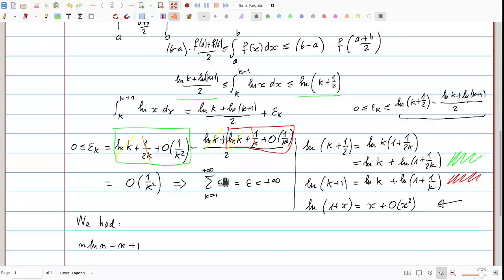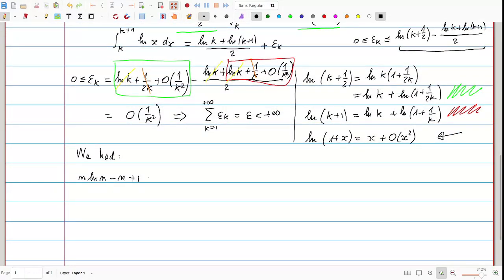Yes, this is equal to the integral from 1 to n of the logarithm of x dx, and this is the sum for k which goes from 1 to n minus 1 of the integral between k and k plus 1 of the logarithm of x dx.